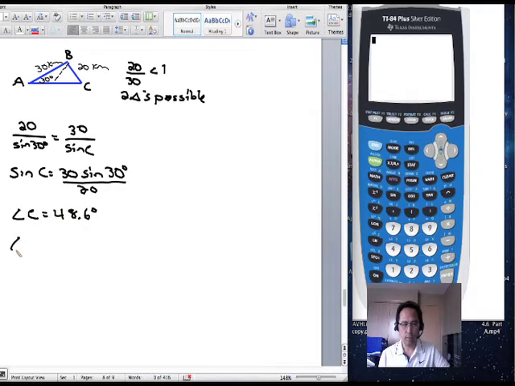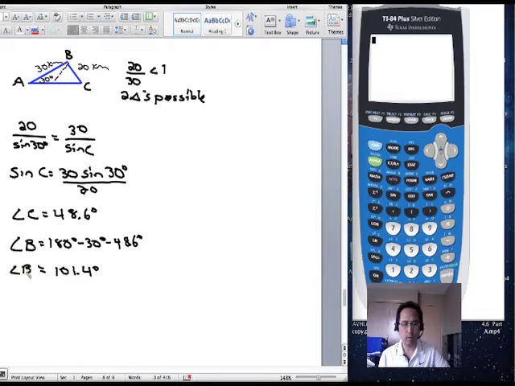So our angle B is 180 minus 30 minus 48.6 degrees. So our angle B is going to end up being 101.4.